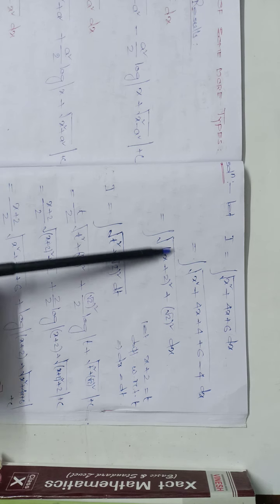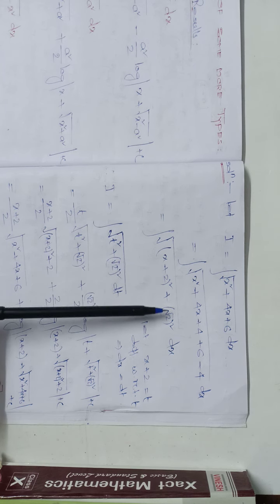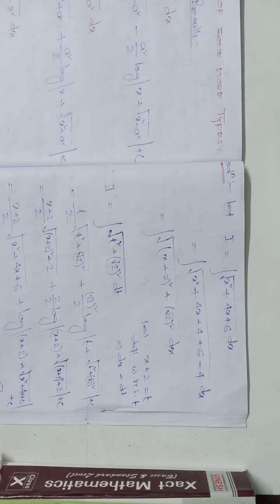Now this forms the result that we have discussed, x square plus a square form. Now when you change the variable, suppose x plus 2 equal to t, and if you differentiate both sides, we will get dx equal to dt. Now substituting over here, we will get integration of root over t square plus root 2 whole square dt.